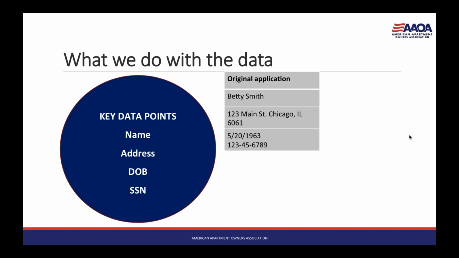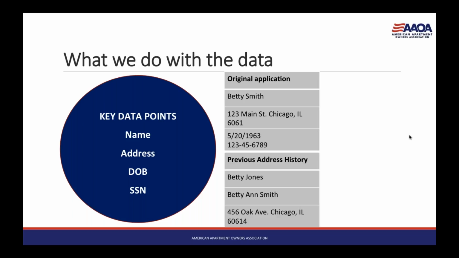For example here, if you were to give us an original application, so this is when you go online, you tell us Betty Smith, you tell us her date of birth and her social, great, we have that information. But then we take that social and we find out that Betty has used a maiden name in the past, Betty Jones.